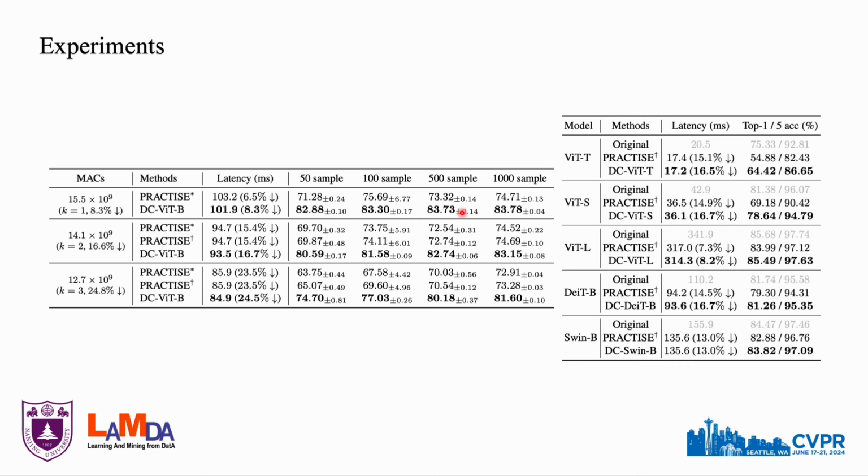In the experiment section, we primarily compared our DCViT method with the SOTA few-shot CNN pruning method on ViT base, as well as variants of ViT models, including DeiT and Swin. Our approach outperforms the baseline by a significant margin.